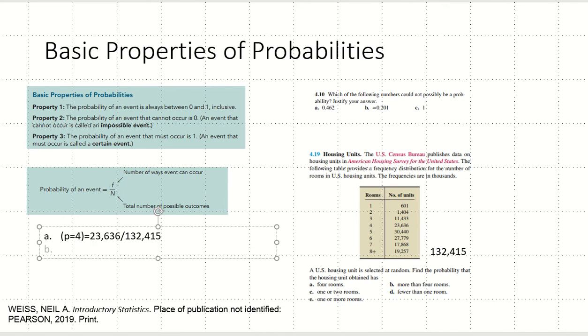B asks for more than, so it's the probability of greater than 4 rooms, which is going to be the summation of 7,779, 17,868 plus 19,257.